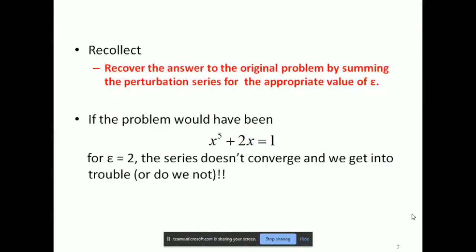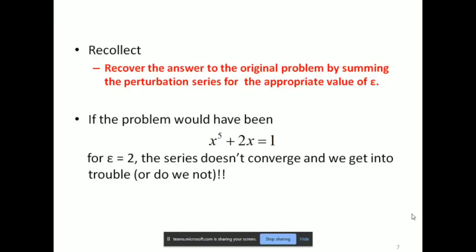This diverging series is worthless when you sum it to get the value of x. But we can use various mathematical techniques to extract information from this diverging series in a very subtle way, and we can get very good results from it.